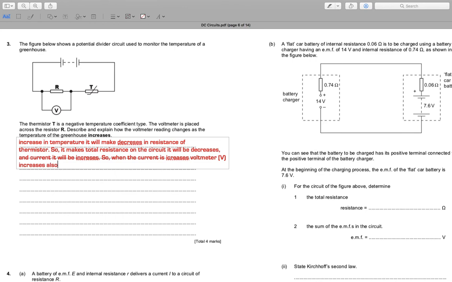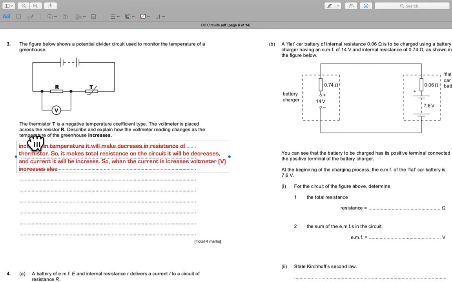Actually this is about Ohm's law, V equals IR. When the current increases, the voltage also increases, on this voltmeter reading, not the potential difference elsewhere, but the voltmeter reading here.